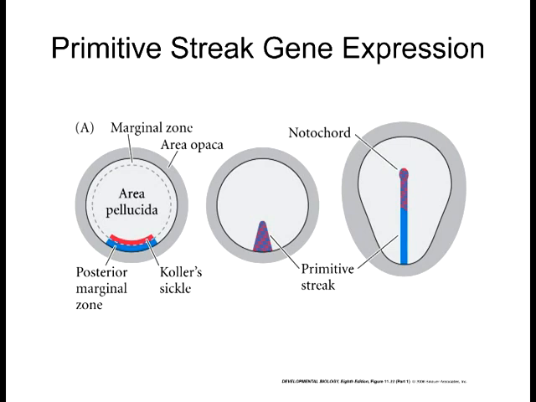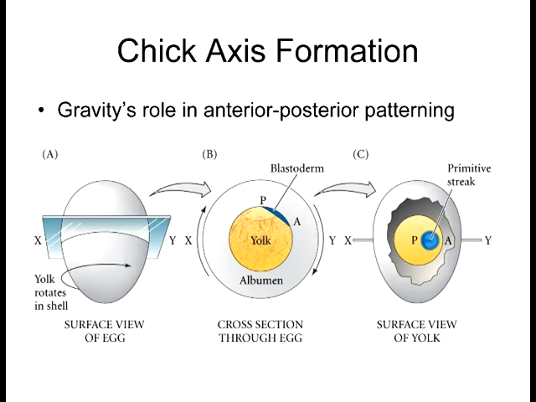Now, how does the veg-T get sequestered over here? In fact, that is primarily due to gravity. As the egg is going through the oviduct of the chicken, it's actually rotating. And due to that rotation, the gravitation pushes the veg-T to the most posterior end of where these cells are undergoing cleavage.